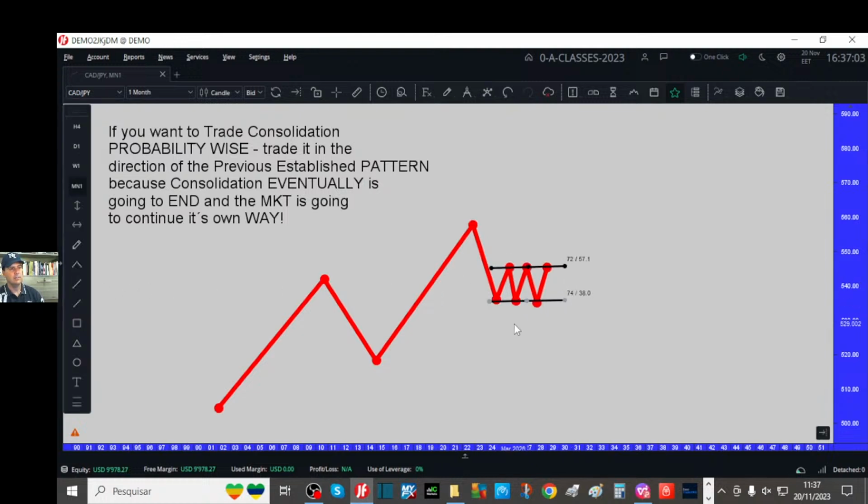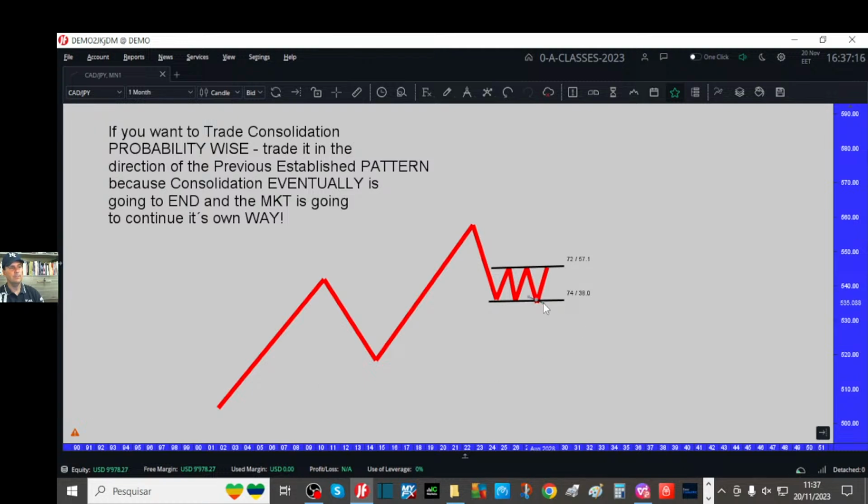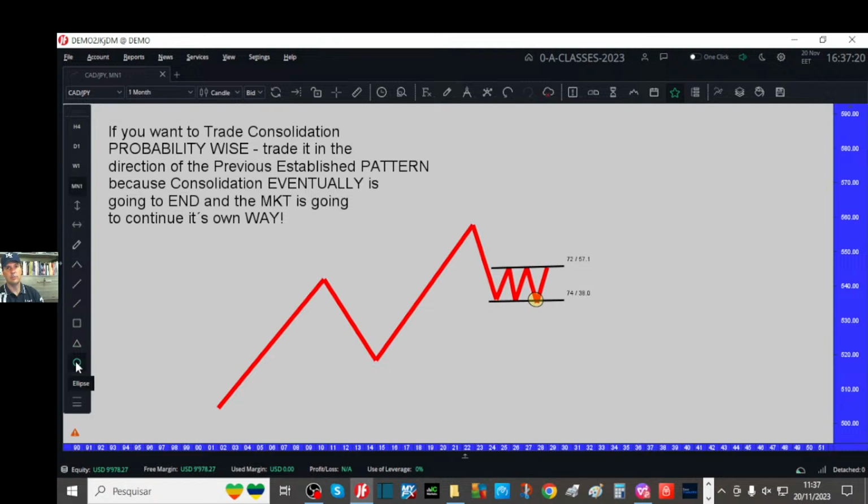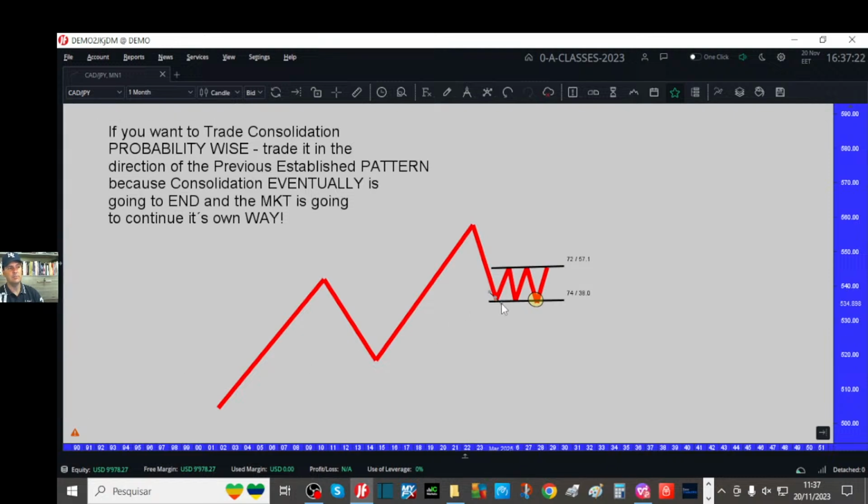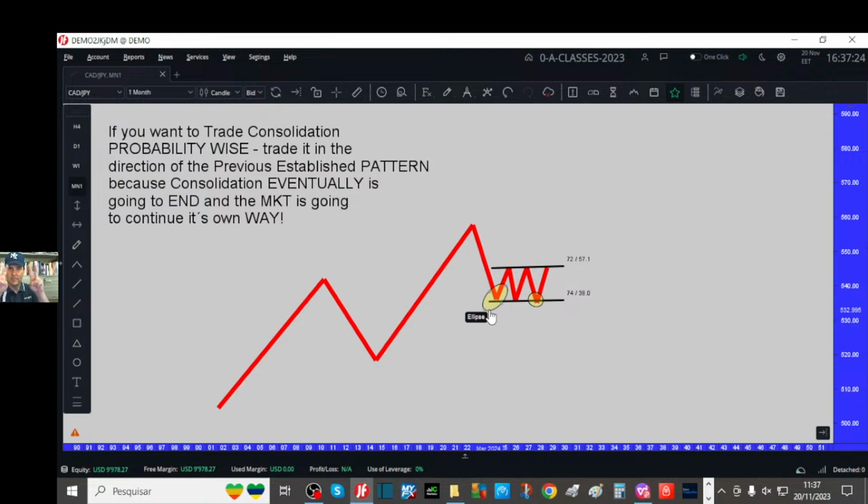Alright, everybody? Now, we didn't learn support, resistance, and other stuff, right? But just talking about direction, wouldn't it be safer, not in absolute terms, but in probabilistic terms, to buy the market?